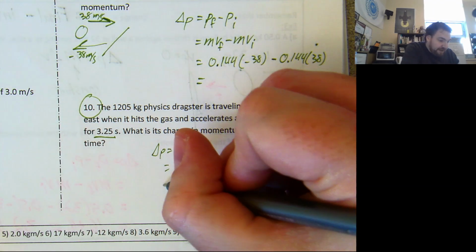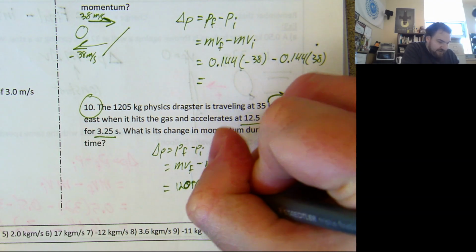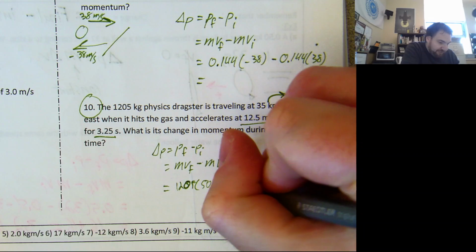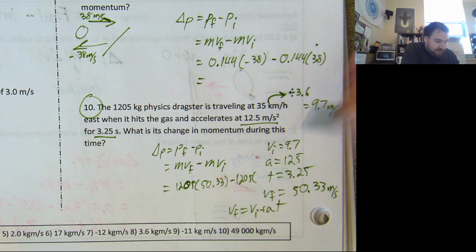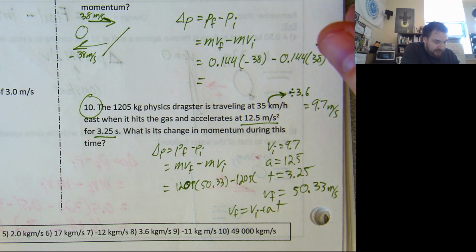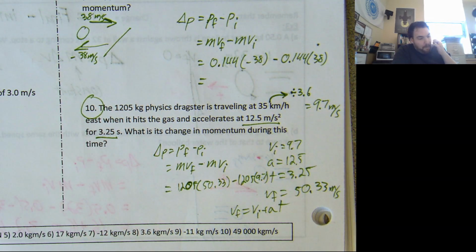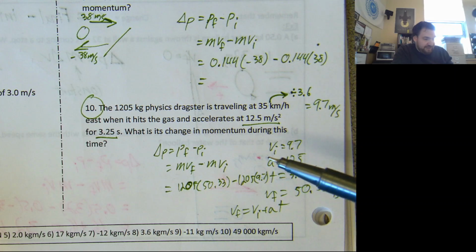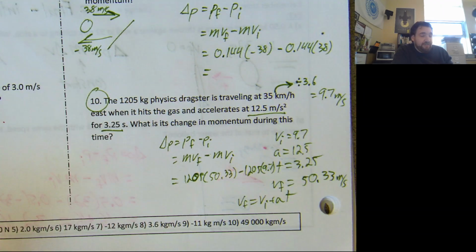So then the change in momentum is going to be the 1205 times that 50.33 minus 1205 times 9.7. I could make these numbers, no, I shouldn't do that, never mind. I could. I mean, we could ballpark it, like if you didn't have a calculator.